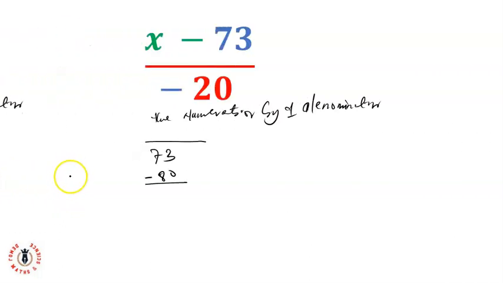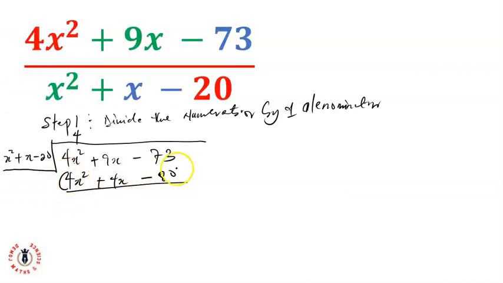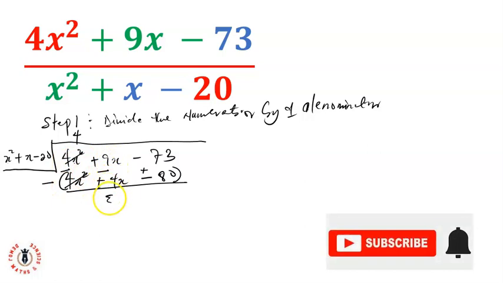In subtracting, we'll subtract 4x squared. We'll multiply this line by negative. So 4x squared becomes negative, 4x becomes negative, and 80 becomes positive. So 4x squared minus 4x squared is 0. 9x minus 4x is 5x.